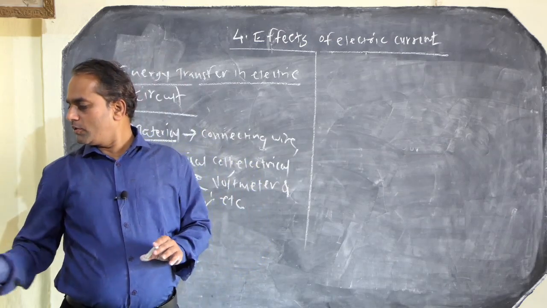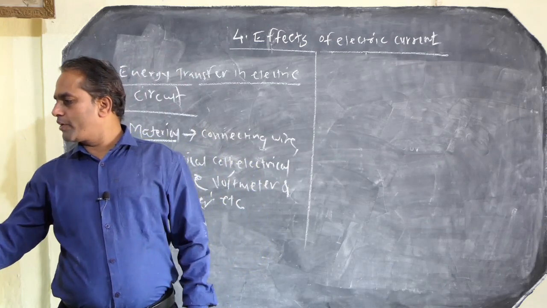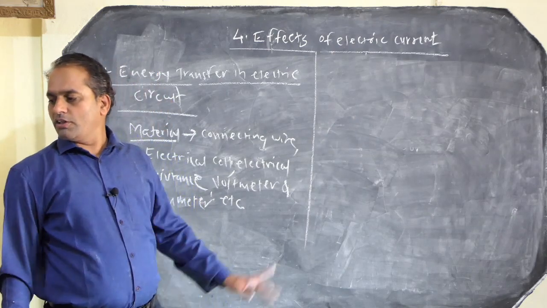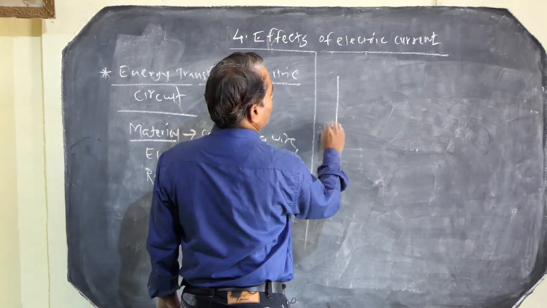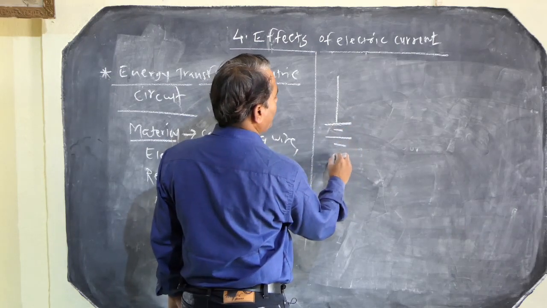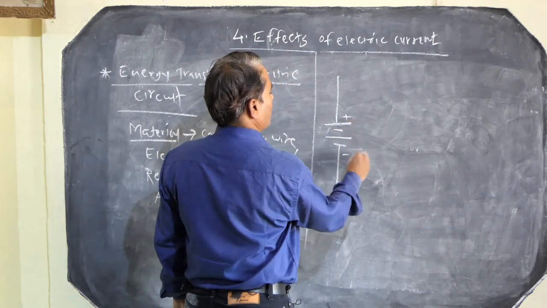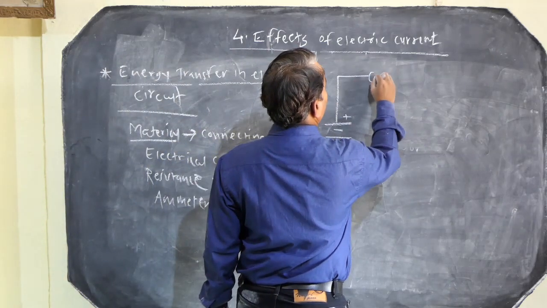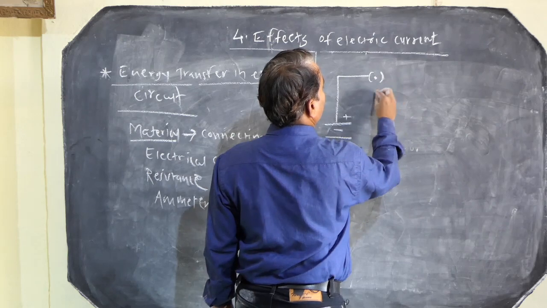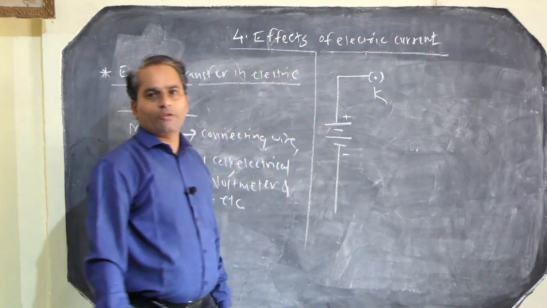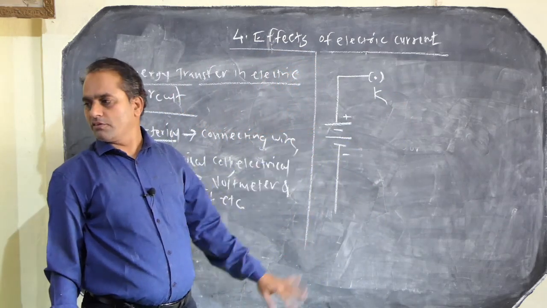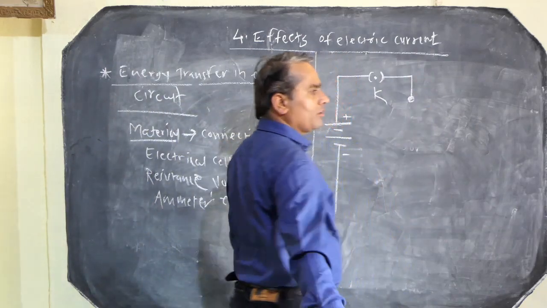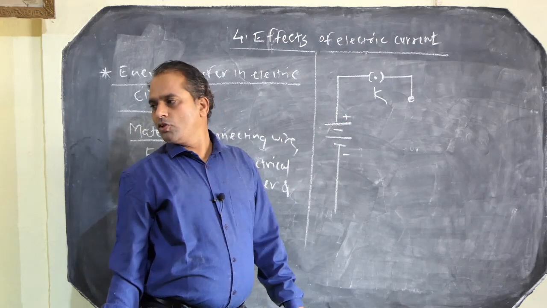Here we can draw the electrical circuit. Consider the circuit. Here is the battery with terminals plus and minus. If we connect the plug key, the key point is present here, that means the circuit is in on condition. Also consider a material whose resistance we have to measure.